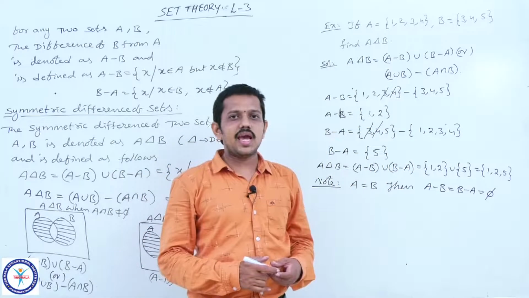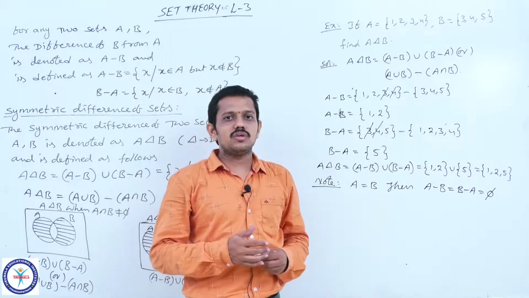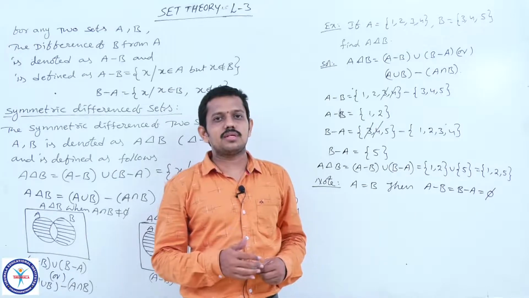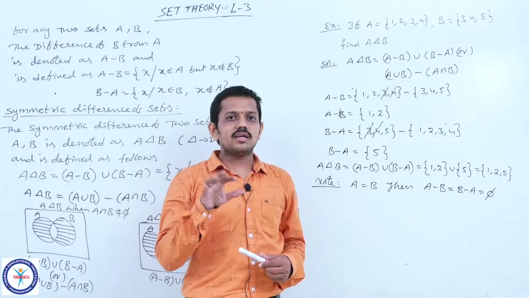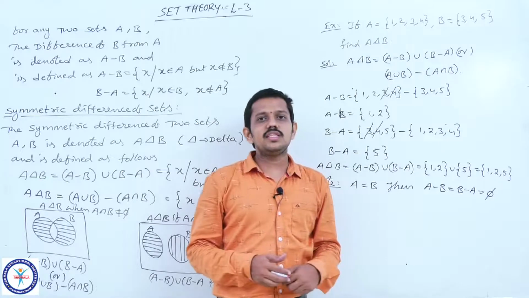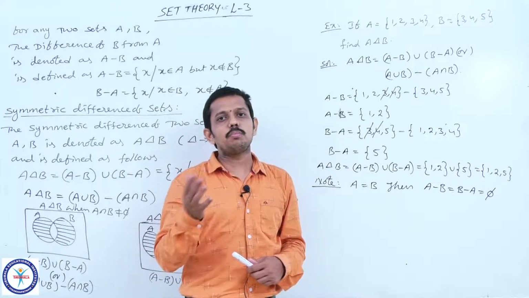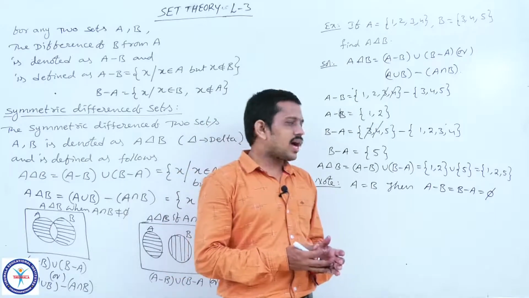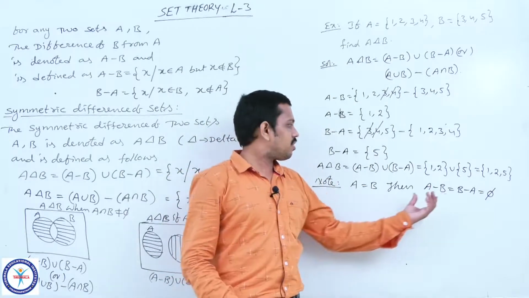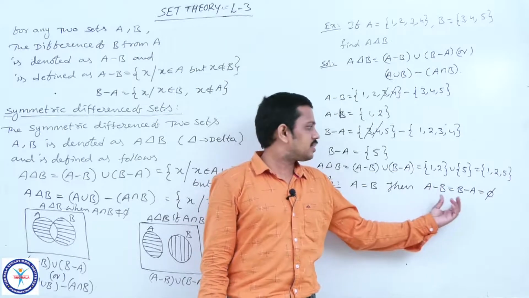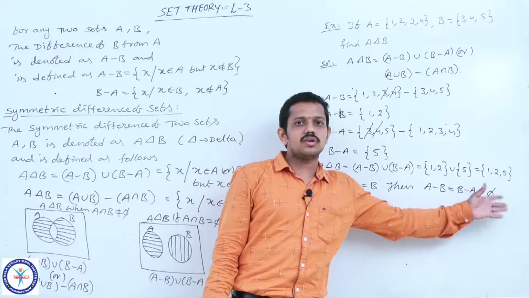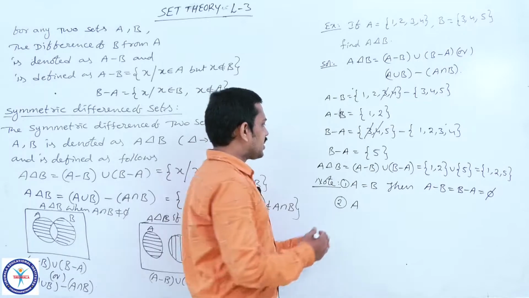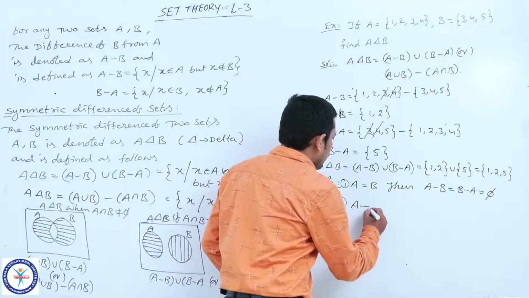Because both A and B are the same sets, so both have the same common elements. Then what is A minus B? Only the elements of A which are not common to B. But there is no element in A which is not common to B. Therefore A minus B will be the null set. Similarly B minus A is also the null set. Now the next one is, what is A minus mu?